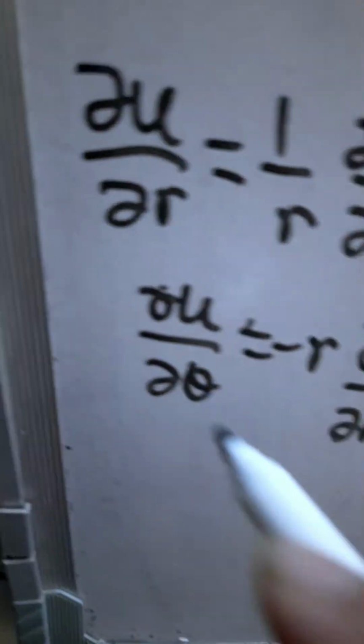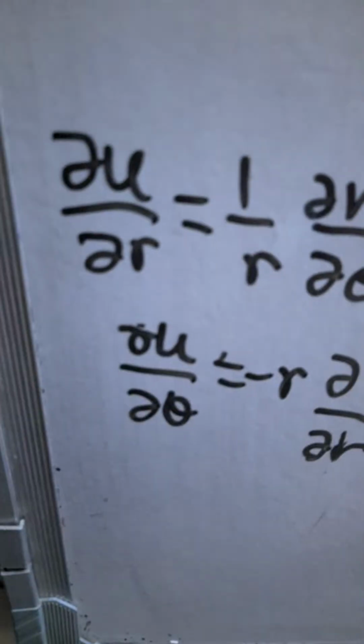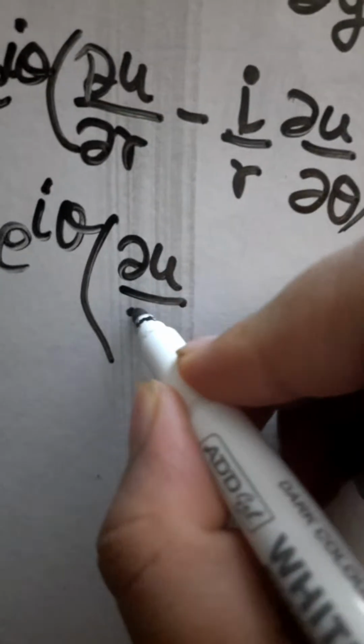So we take both u terms, del u by del r and del u by del theta, and we put those here. And this is minus i by r because there is 1 by r here. And when we take u, a minus sign comes, and in v, if v is given and you have to find u, then it is just exactly the same, del v by del r.